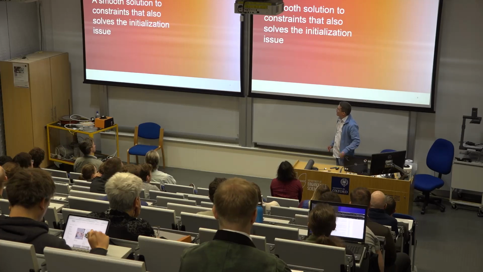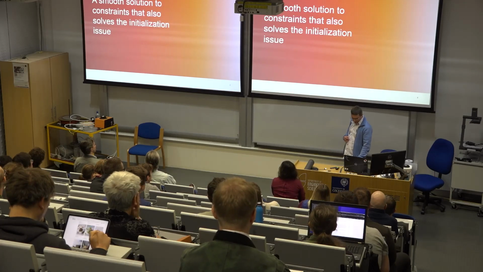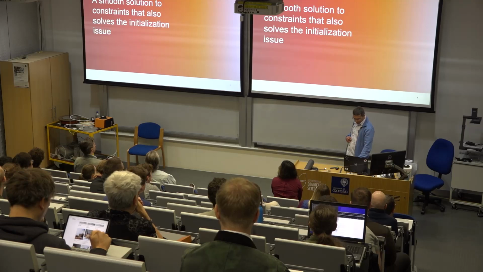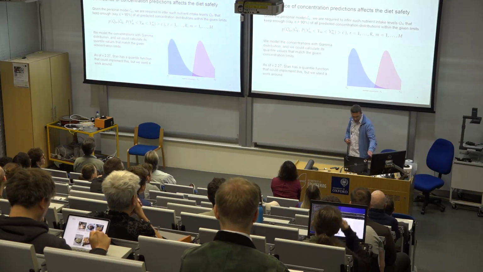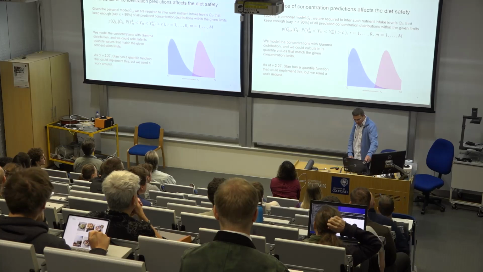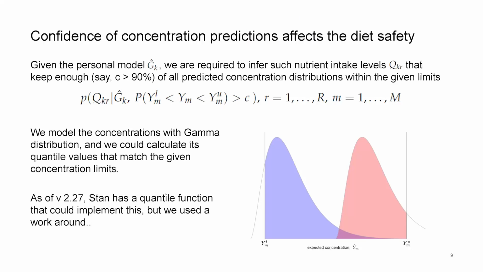So let's look at our solution for the constraints first. Here's some theory. So what we want to do formally is to have enough of the probability mass between those concentration limits for all of those concentrations that we consider.